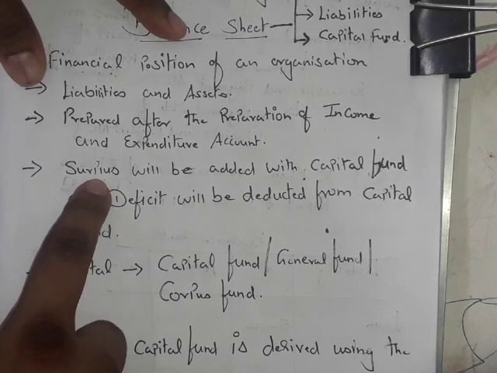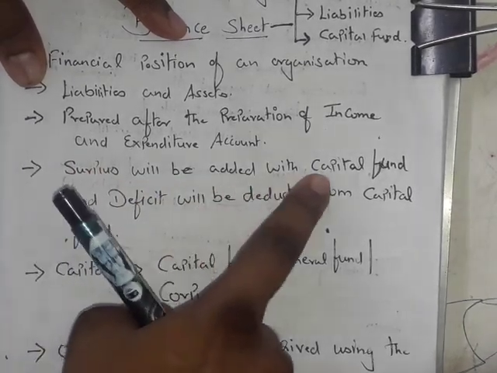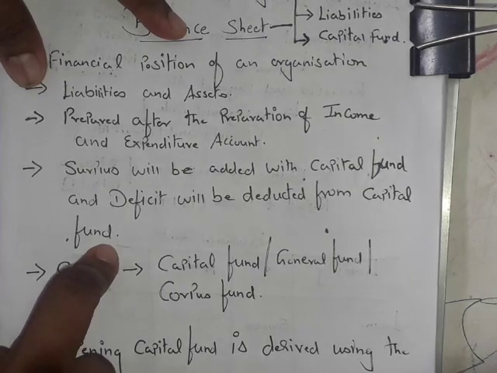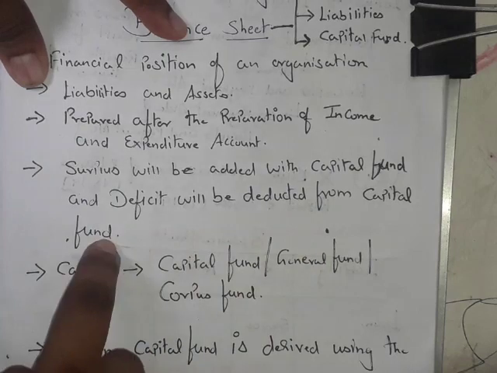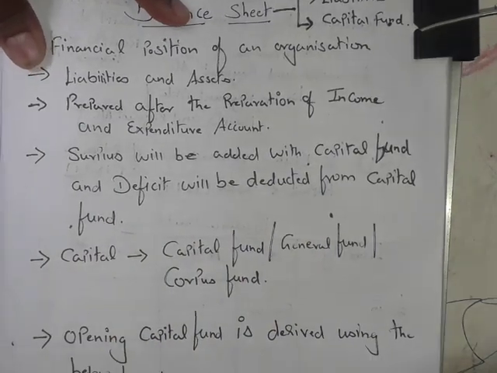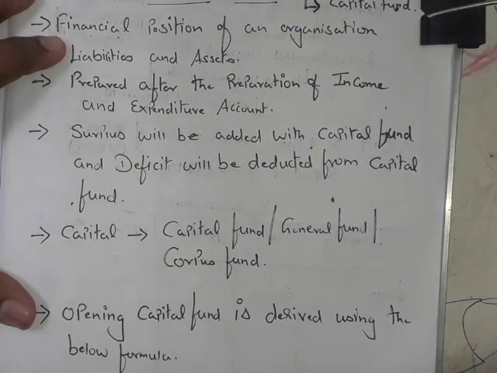If it is a surplus, then we will add the amount of surplus to the capital fund, whereas if it's a deficit, we have to deduct it from the capital fund. It is similar to how we treated net profit and net loss.